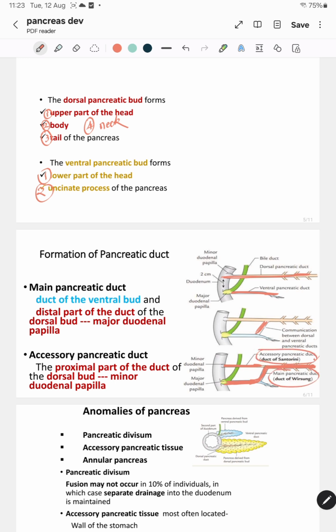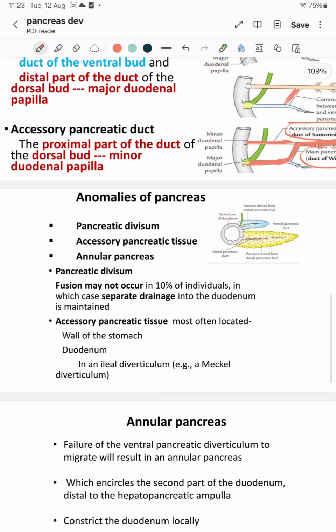So two ducts are formed: the main pancreatic duct, which is also known as the duct of Wirsung, and the accessory pancreatic duct, also known as the duct of Santorini. Then we have anomalies of the pancreas. One is pancreas divisum, in which the ventral and dorsal pancreatic ducts and buds do not fuse.